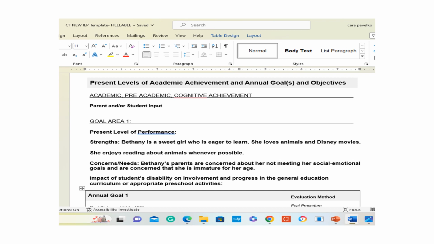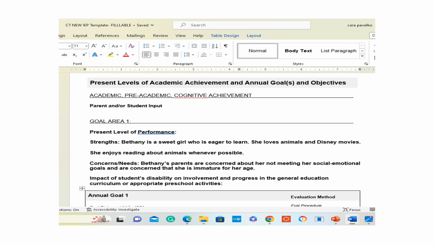She loves animals and Disney movies. So she enjoys reading about animals whenever possible. So we can tell she is sweet, and her case study says that she is eager to learn. Some of the concerns and needs: Bethany's parents are concerned about her not meeting her social emotional goals and are concerned that she is immature for her age.